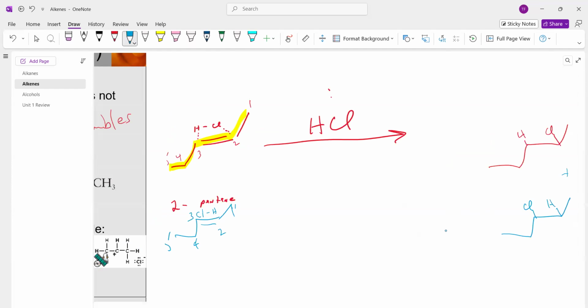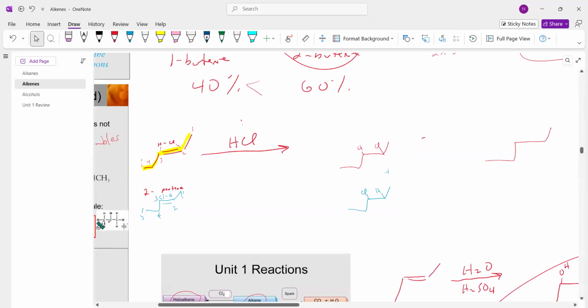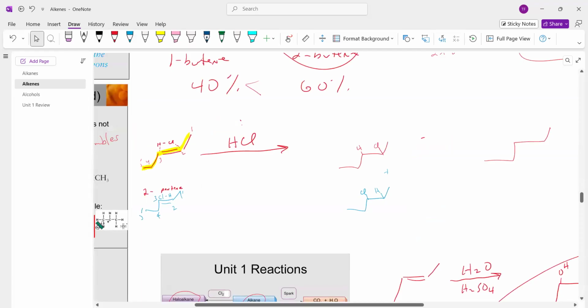Statistically, it's 50-50. However, one of these is more stable than the other one. You have to do our 2 tests.